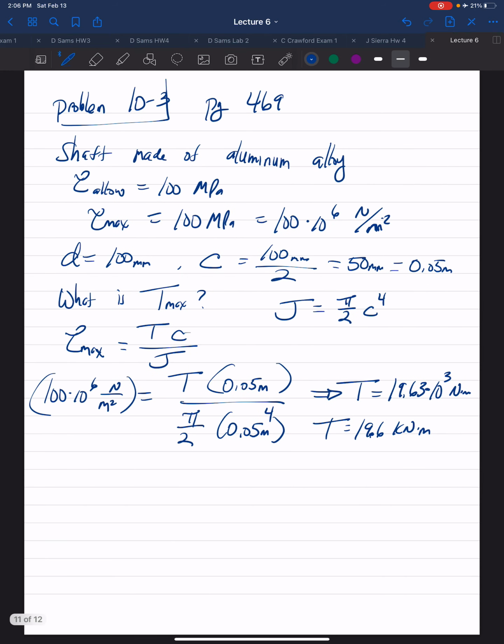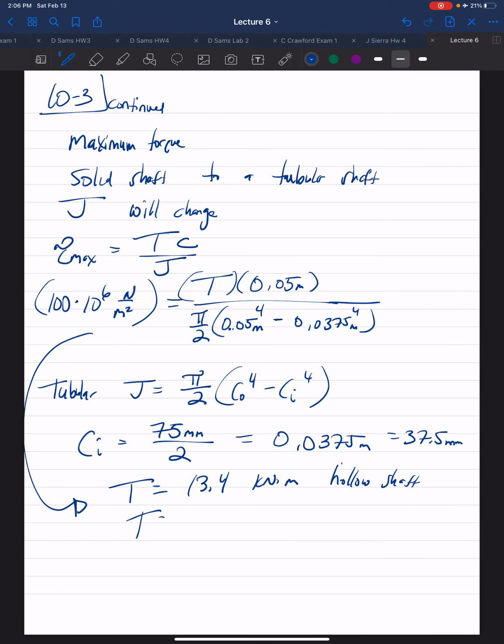As it corresponds to our solid shaft, the torque was 19.6 kilonewton meters. So obviously this makes sense intuitively. A solid shaft can withstand a higher torque than the tubular hollow shaft.